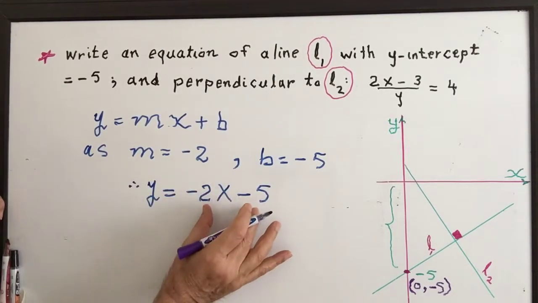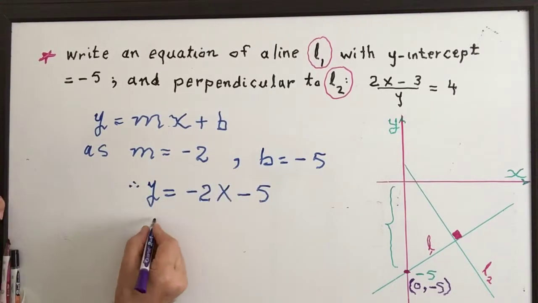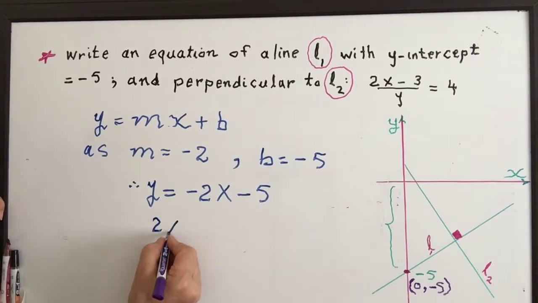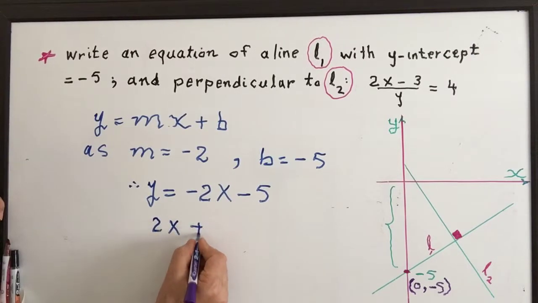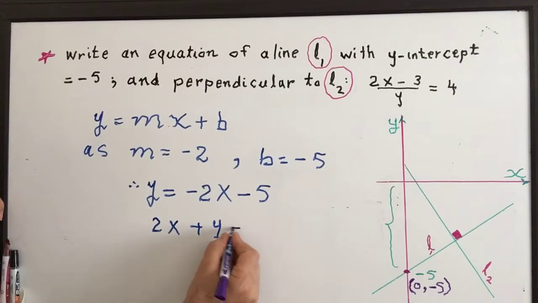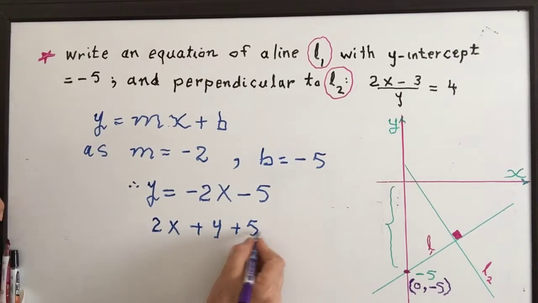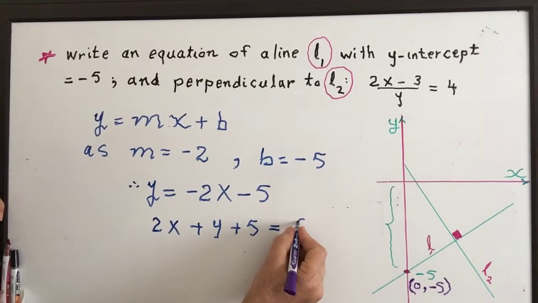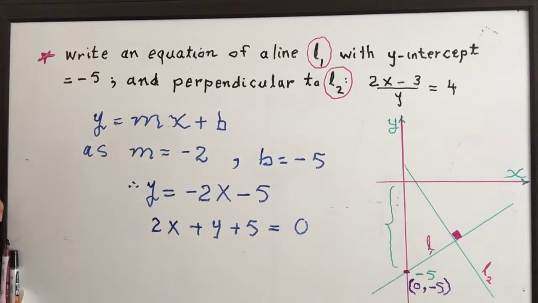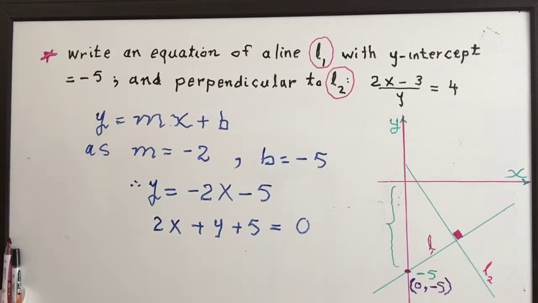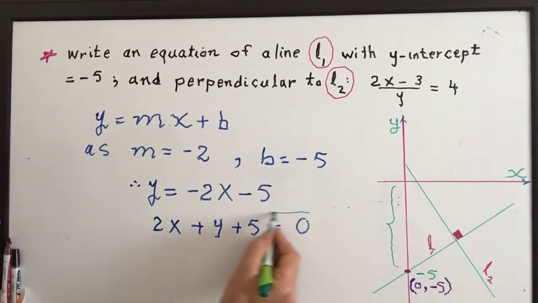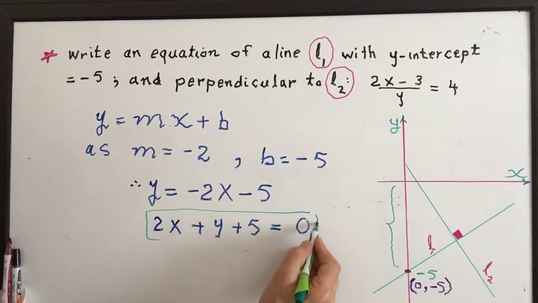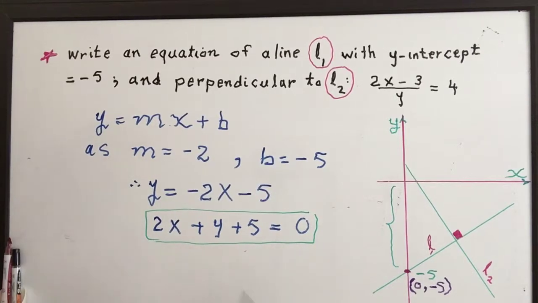Moving these two terms to the other side, it will be 2x plus y plus 5 equals 0. This is the equation. We can write the equation in a different way.